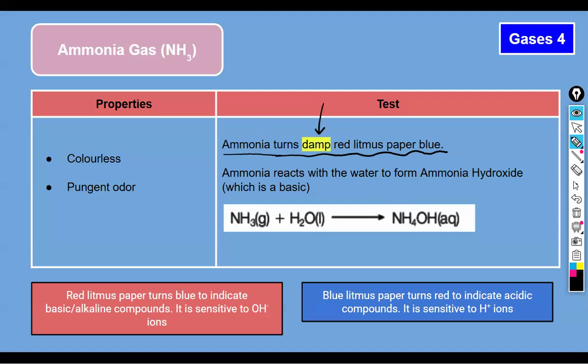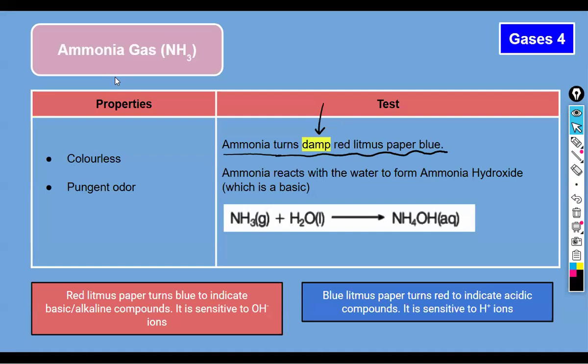That ammonia may be acidic or alkaline? If the ammonia is turning the damp red litmus paper blue, that suggests it's alkaline, correct.